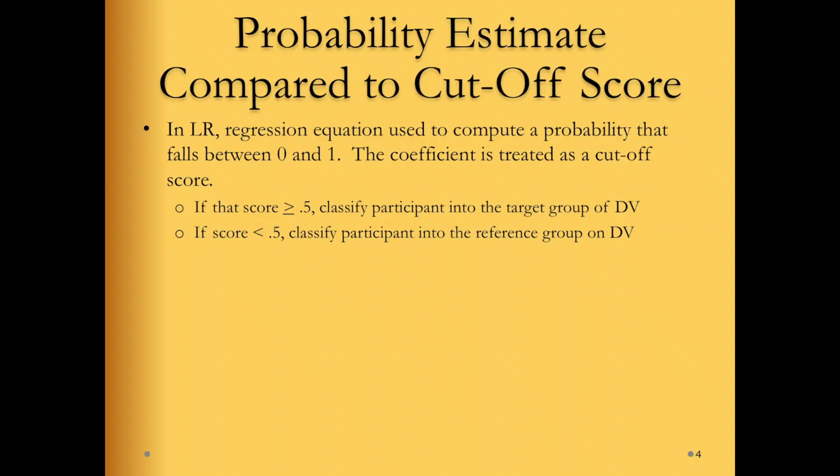If the probability is less than 0.5, then the individual is predicted to be in the reference group of the dependent variable. Just as the regression line in multiple regression connected all the predicted scores on Y, the curved regression line in logistic regression connects all the probabilities computed for various values of X received by the participants.